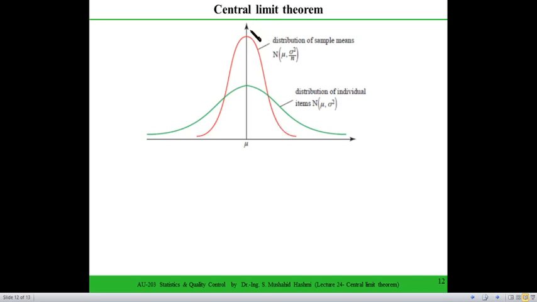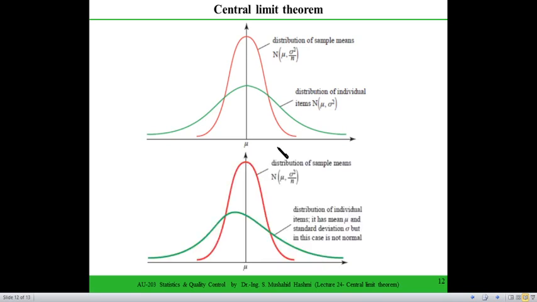So we have already seen this earlier, but what exactly is the central limit theorem about? For example, if you have a distribution which is not normal, here the green one, an asymmetric distribution other than normal, but you take samples and make the distribution of the sample means, then you get a normal distribution. This represents the effect of the central limit theorem.